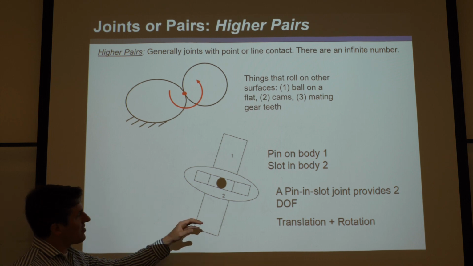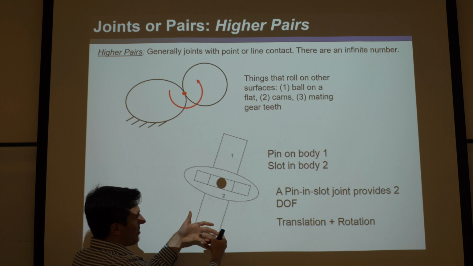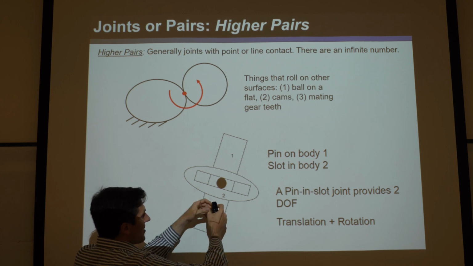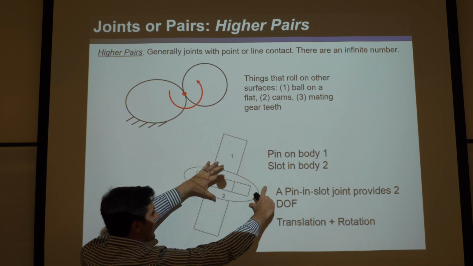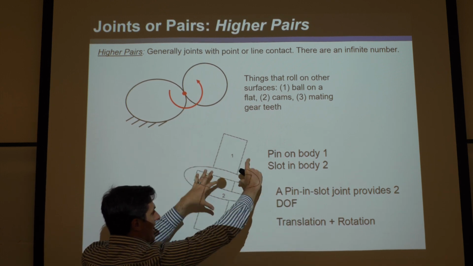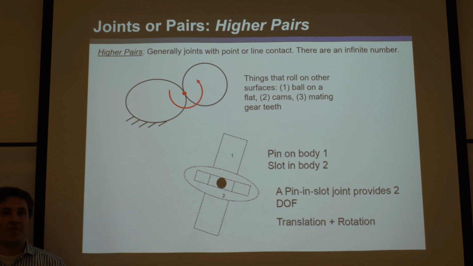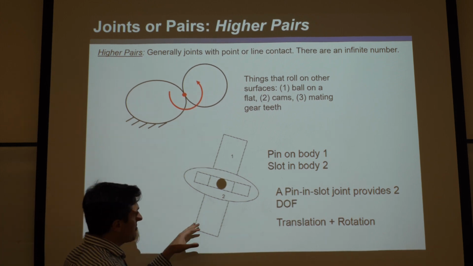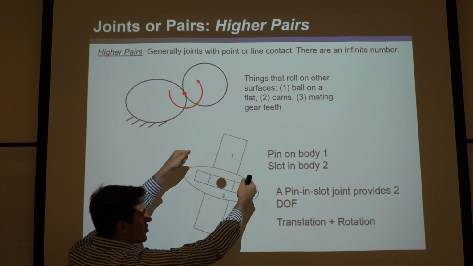And when you're analyzing the degrees of freedom, there's two ways you could do it. If you consider it just a planar thing, which is shown here, then it has 2 degrees of freedom. You can imagine if I hold 1 fixed, this could translate in the slot, and it could also rotate. Those are the only 2 degrees of freedom that this could get if it's a planar case. Now, if it's a non-planar case, if it's a 3-dimensional thing, then you could pull it out toward you.